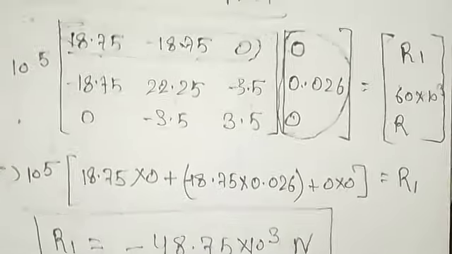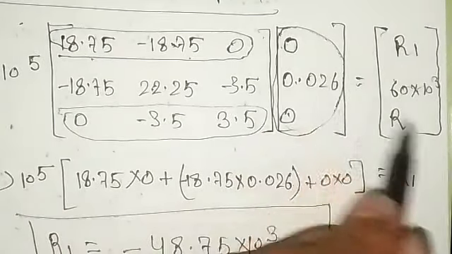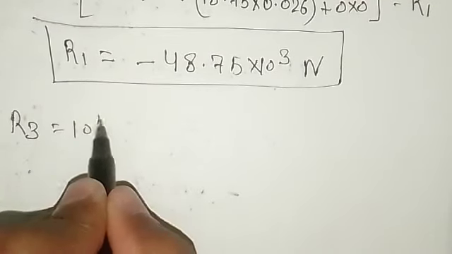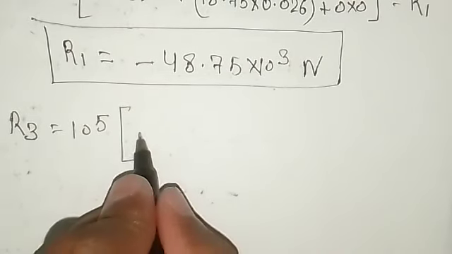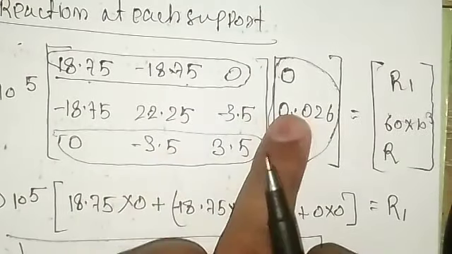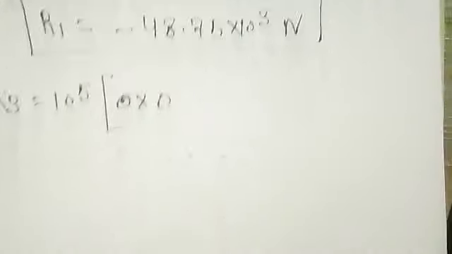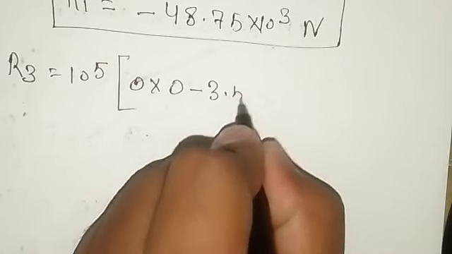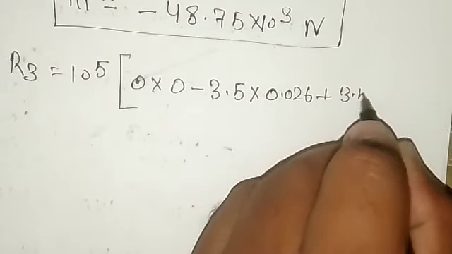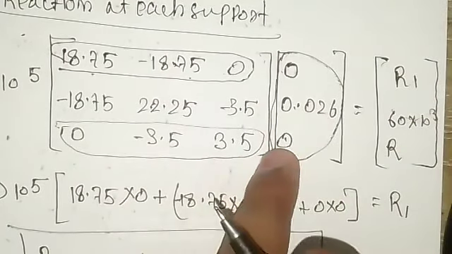Similarly, you can find out R3, right? For this R3, take the third row and this column, which will give you R3. So R3 is equal to 10 to the power of 5 common, and the remaining is 0 into 0, plus minus 3.5 into 0.026, plus 3.5 into 0.